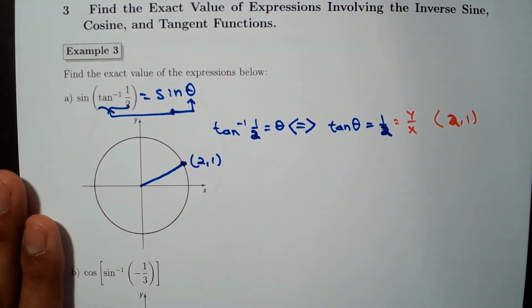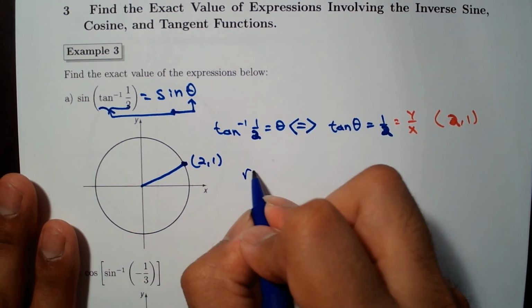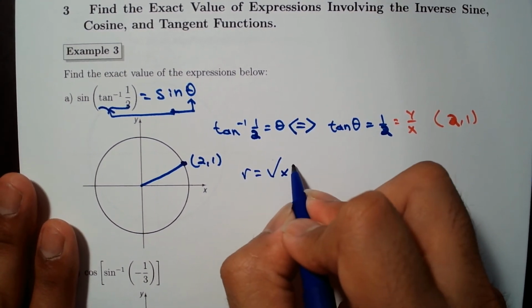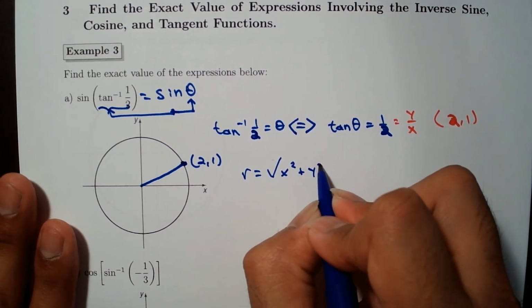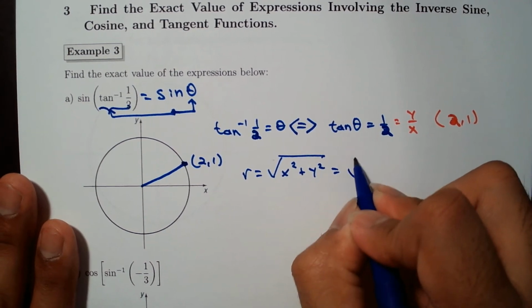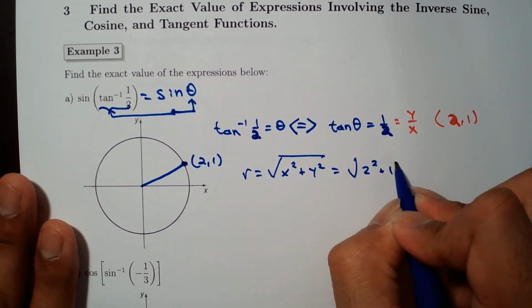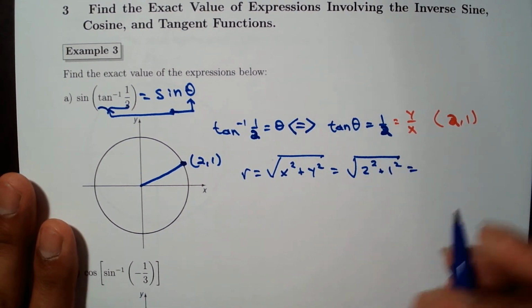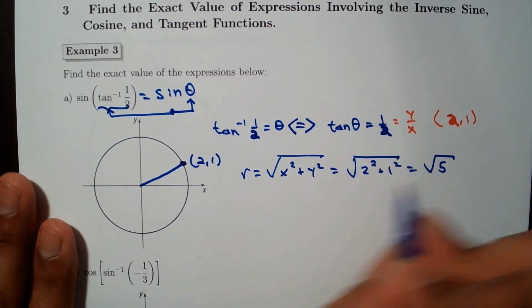And I'm going to need to find the radius r, which is by definition the square root of x squared plus y squared, which is square root of 2 squared plus 1 squared. We already did this one in the previous page, square root of 5.